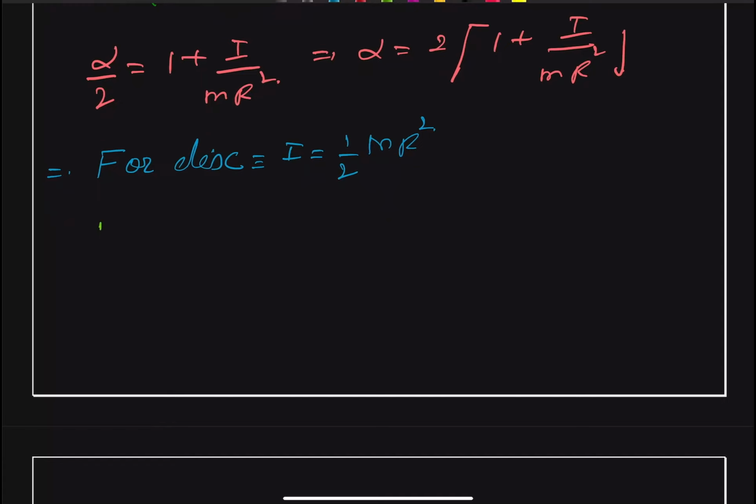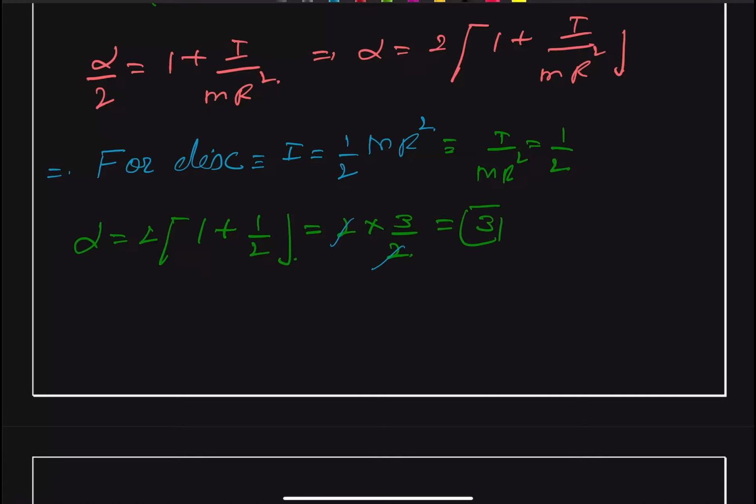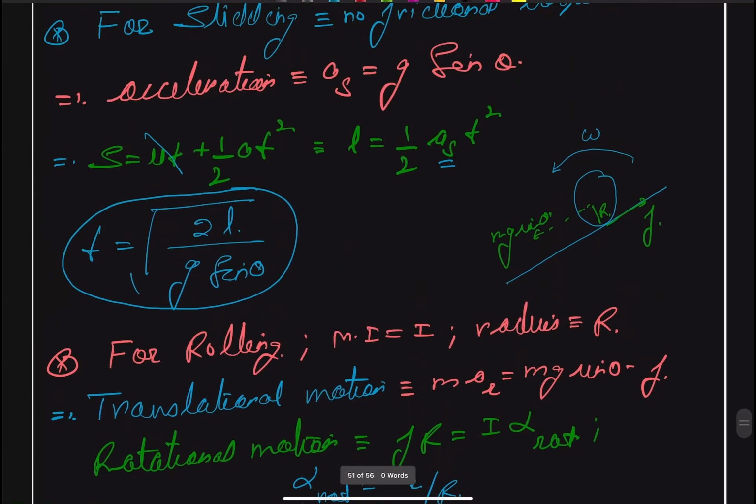Therefore I upon m r square is equal to 1 by 2. So alpha is equal to 2 times, 1 plus 1 by 2, so this will be 2 times 3 by 2. Here 2 and 2 go away. So we get the value of alpha as 3, which we were supposed to find out.